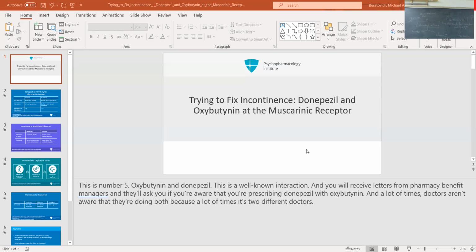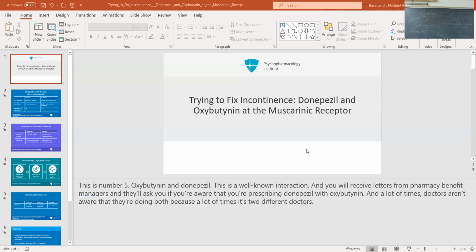So I think I got lost when we went over to the muscular, whatever is up there. Right. So acetylcholine, the donepezil, and that's for her cognition. Right.